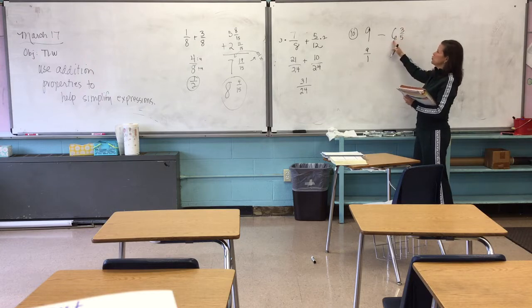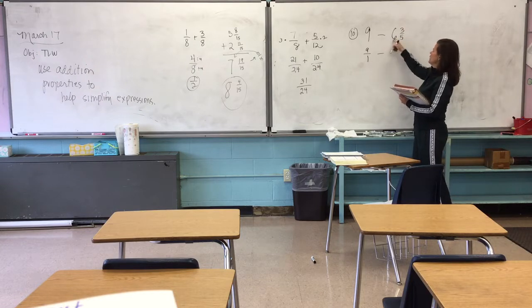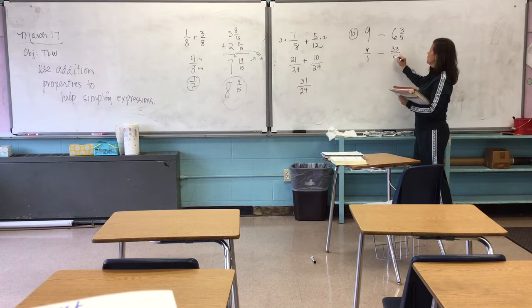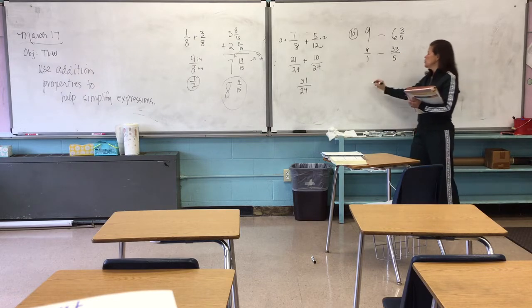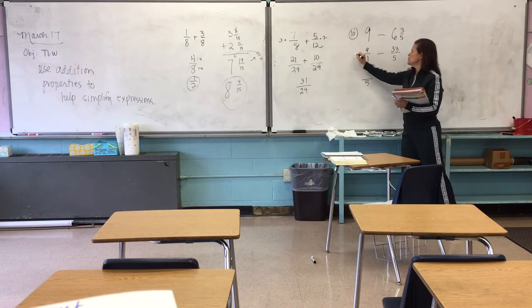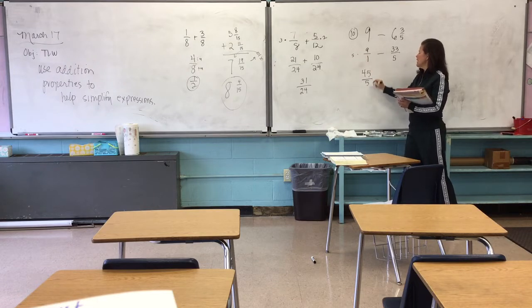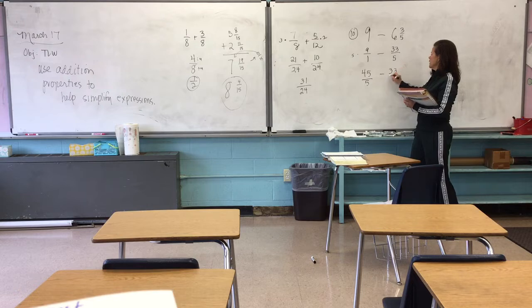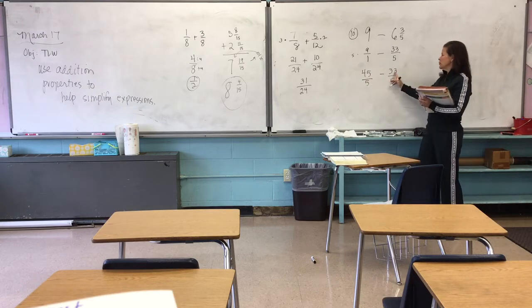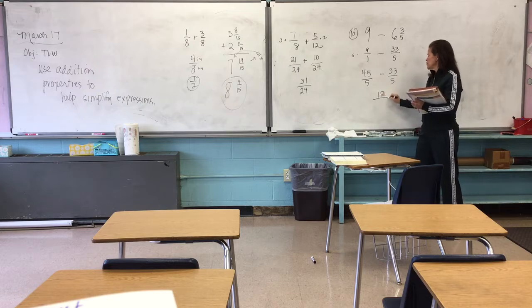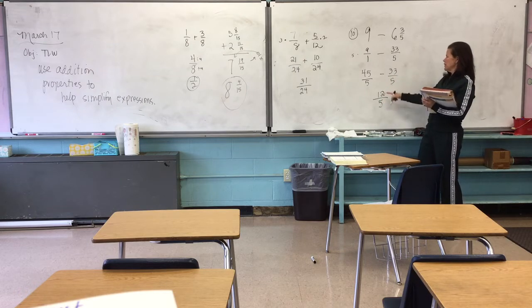This I'm going to change to an improper fraction, which gives me 33/5. They don't have common denominators in order to subtract them, so I have to get that. So this changes to 45/5 minus 33/5. Now they have common denominators.